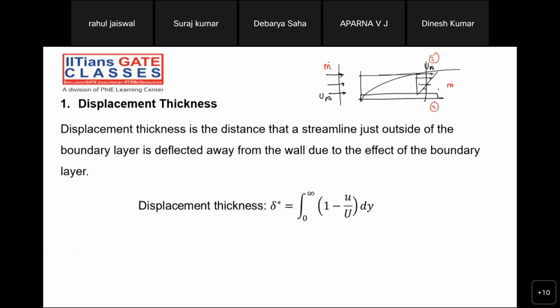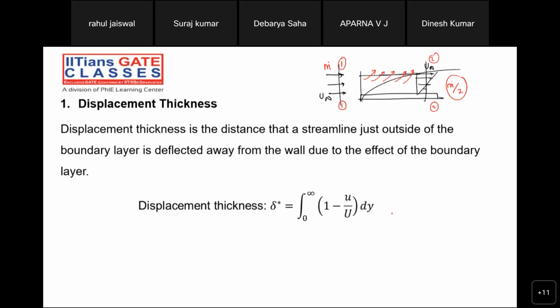It cannot go anywhere, right? At section 1, if there is a mass flow rate of m dot, but at section 2 the mass flow rate will be m by 2, what about the remaining mass flow rate? It has to be there with this section.